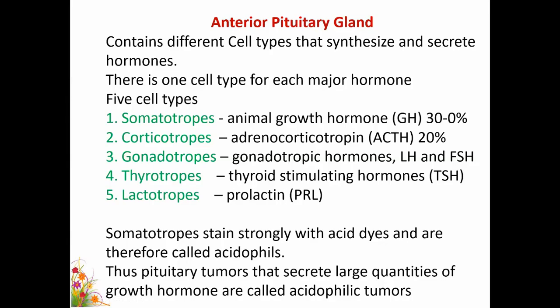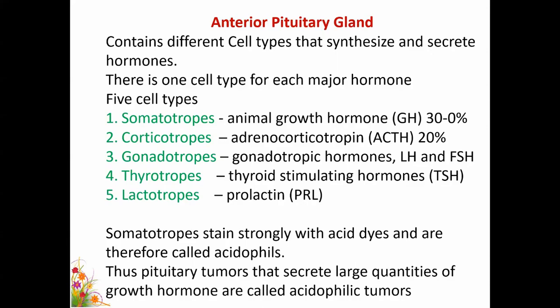And here adrenocorticotropin is produced by corticotrophs. So from the word you can easily identify the cell types. And here the somatotrophs can stain strongly with the acid dyes. Okay, stains means it will get the color.